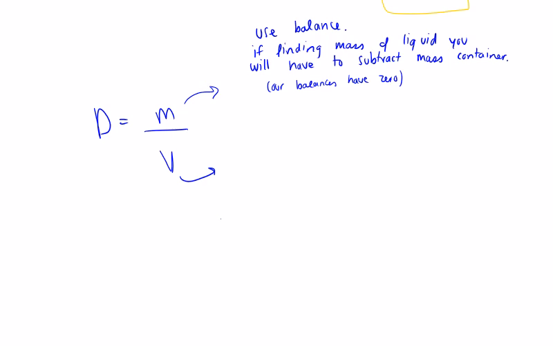So that means that you can put the container on the balance and then hit a button, and the balance basically ignores what's on the balance. It'll only measure the liquid then. But in a word problem, you're probably going to have to subtract out the mass of your container. Okay, so just read the word problem carefully. Next, finding volume. If you have a liquid, you're just going to use a graduated cylinder.